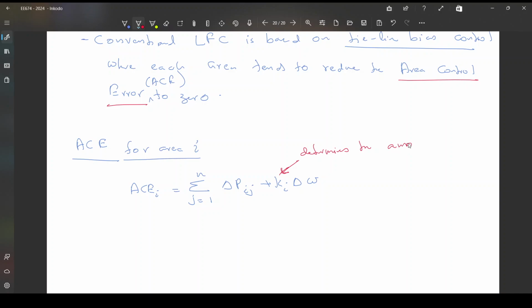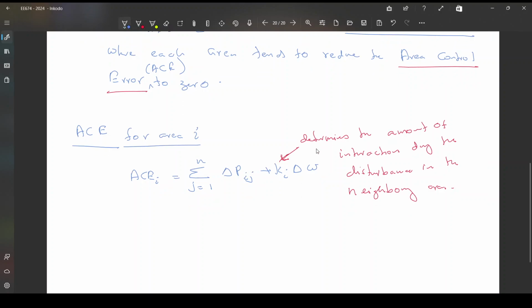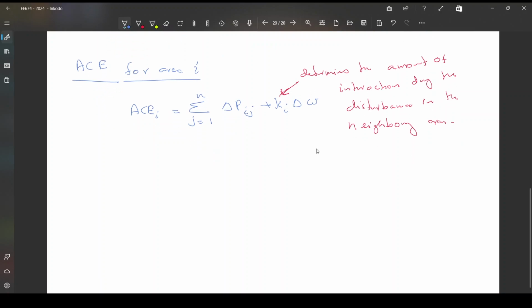Now, how this area will contribute to the disturbance in the neighboring area is determined by this K_i, right?